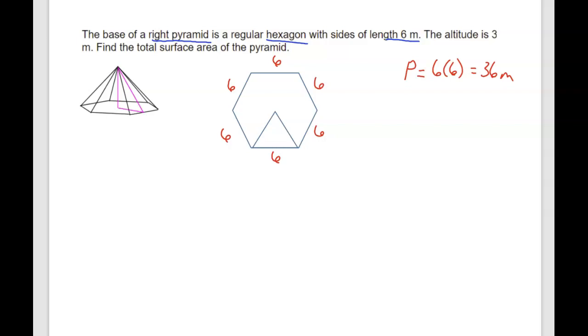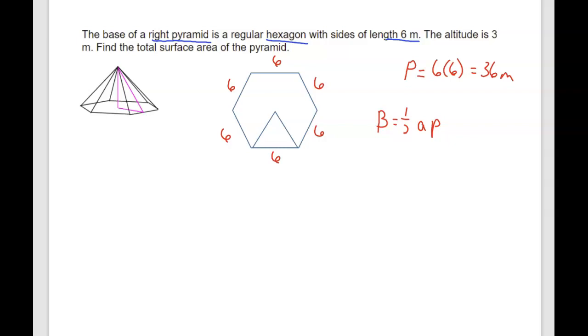Now, we also are going to need to know the area of this hexagon. The area of our base is 1/2 the apothem times the perimeter.